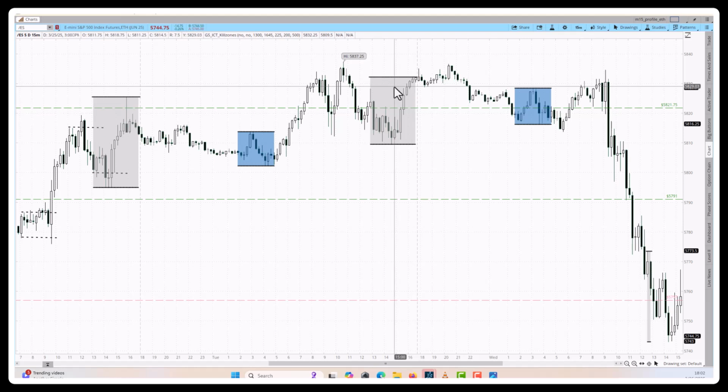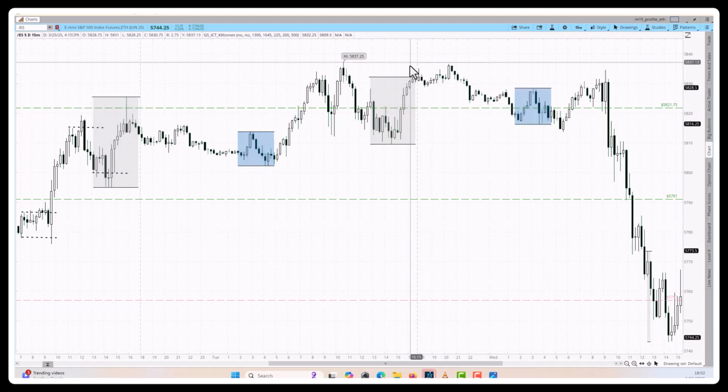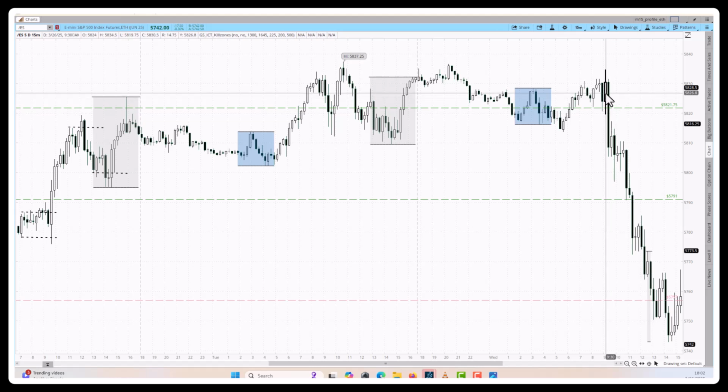You see how it's set up? And the London around the PM of the Tuesday, and boom, 9:30 is a setup to short them.